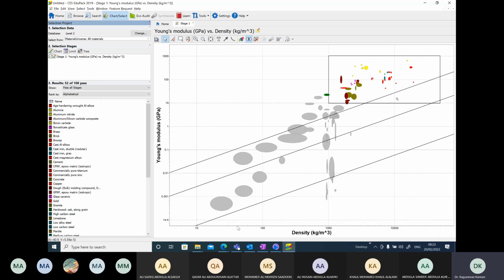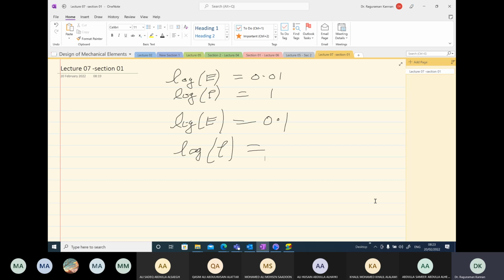So let's assume this is 100 here. The 10th division is 100. The first is 10. And let's assume that it is equally divided. So 1, 2, 3. This is the third division. So we have 10, 100 value and 10.